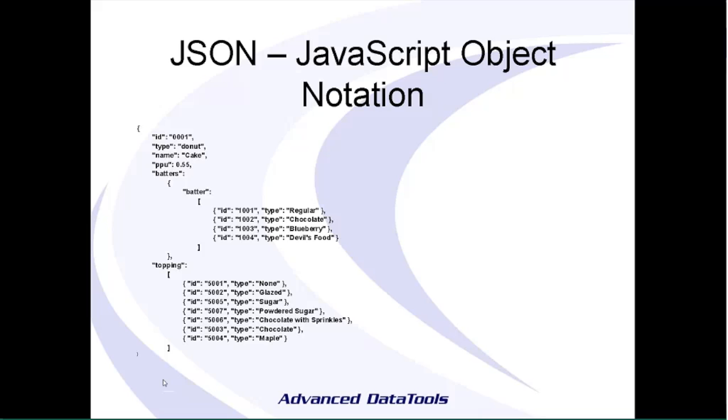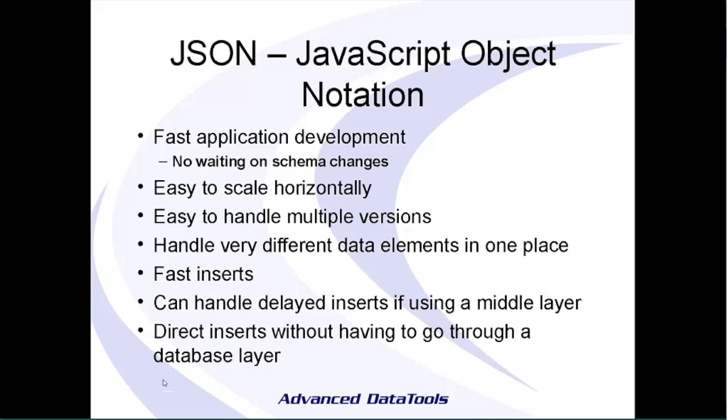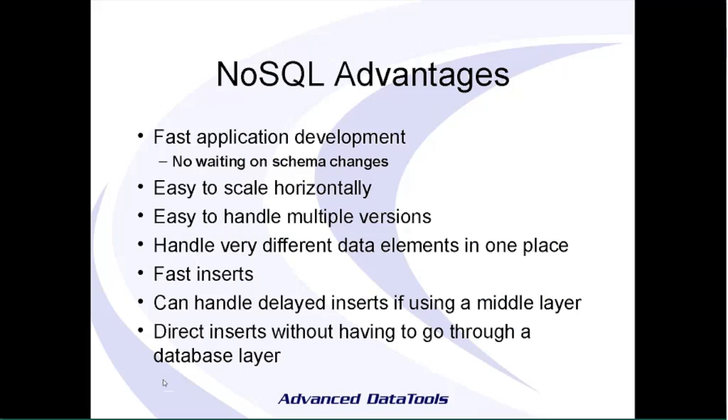So where does NoSQL have the advantage? Why do I care about this? I've got my big, powerful relational database. Why do I care about this? The biggest one is fast application development. In most organizations, there is some tension between your application team and your database data integrity teams.